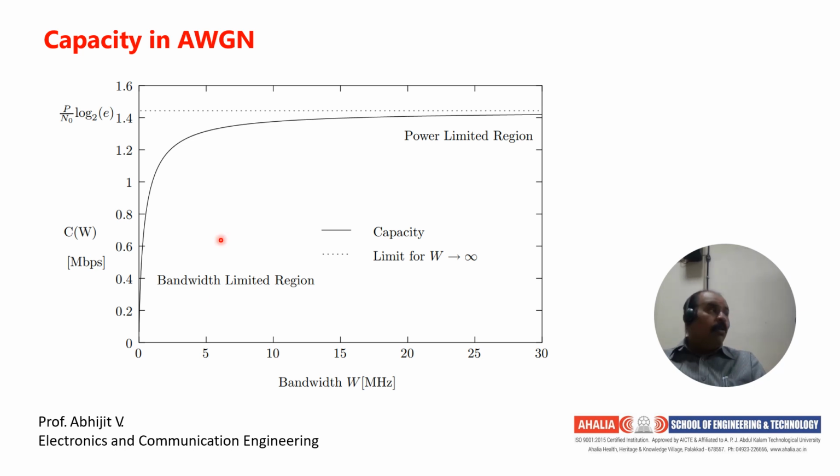So let us now represent bandwidth and the capacity of the channel. Bandwidth is actually B here. B in megahertz and capacity in Mbps.